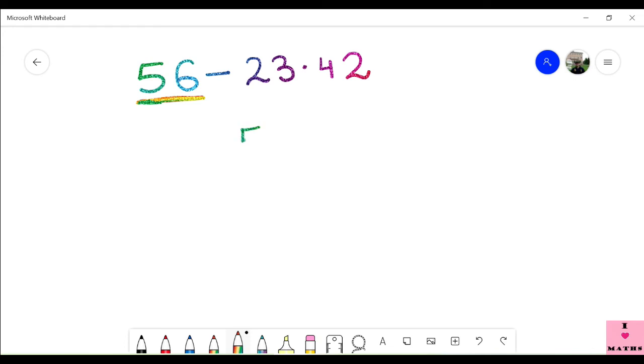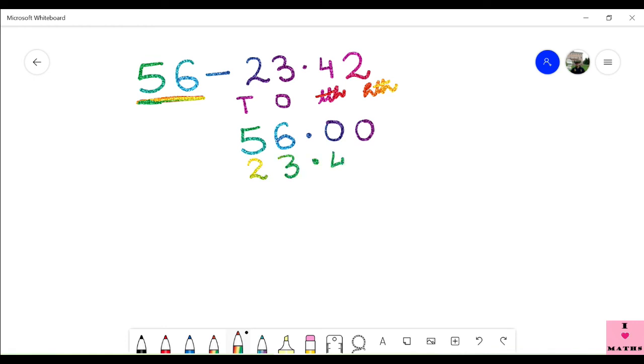So we can write 56 as 56.00. 6 is at ones place, 5 is at tens place, and at 10th and 100th place we have zeros. Okay, let us write down the next number, 23.42. And now we have to subtract.